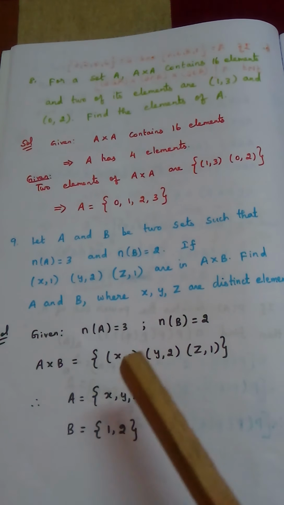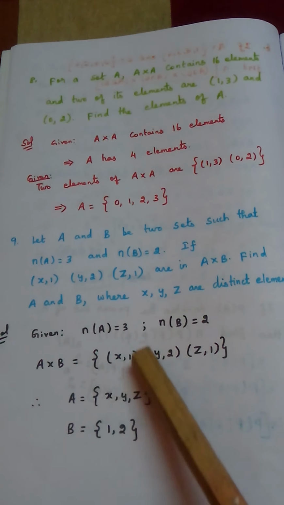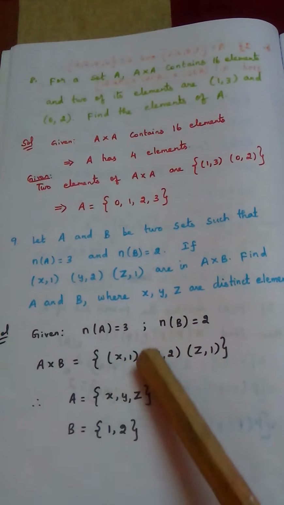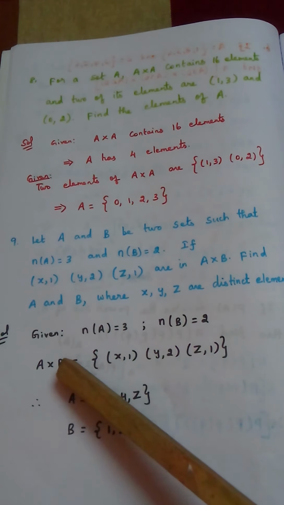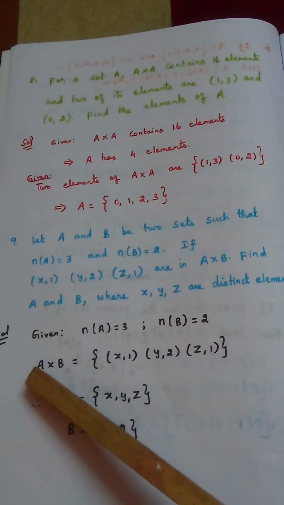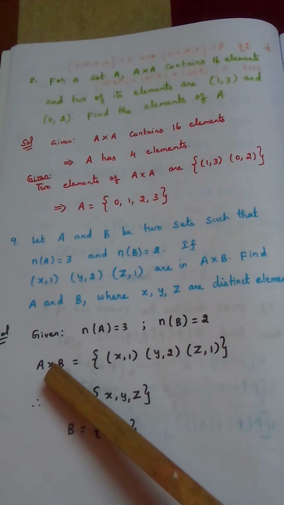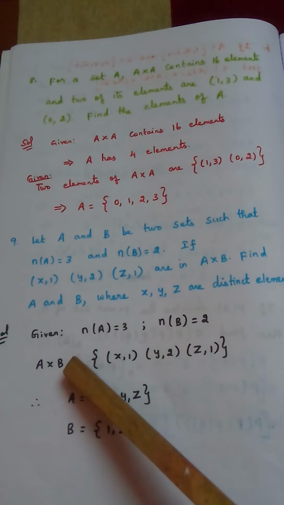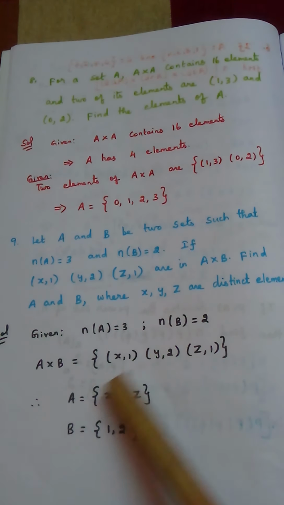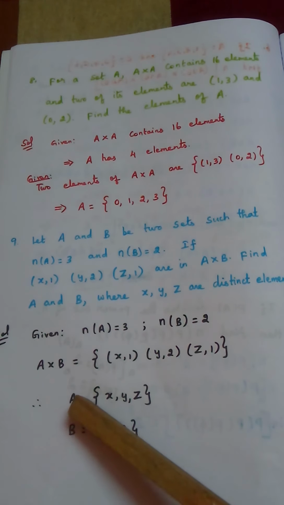Now see, this is an ordered pair. X belongs to A, 1 belongs to B. Y belongs to A, 2 belongs to B. Z belongs to A, 1 belongs to B. So I can easily say what the elements of capital A are.